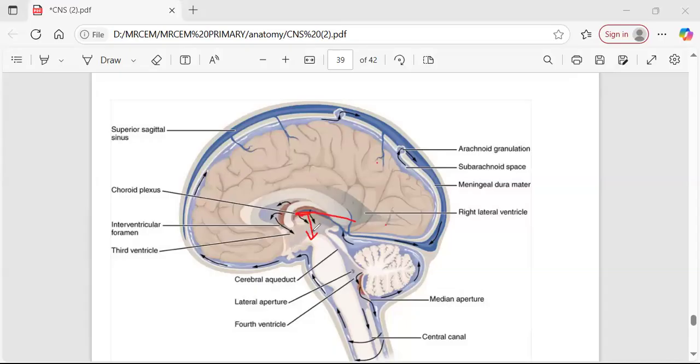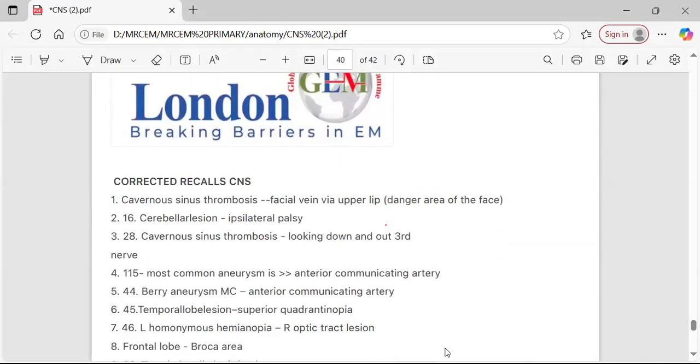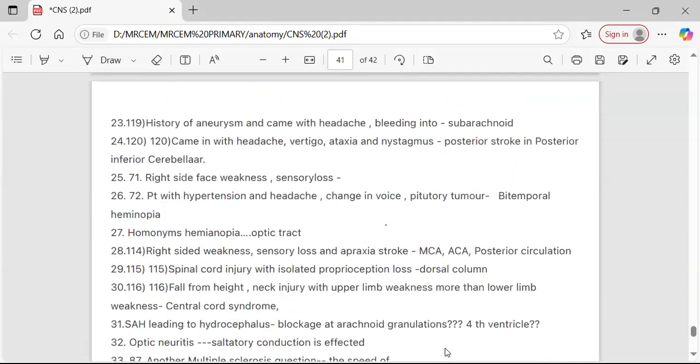From the third ventricle, it comes to the fourth ventricle by the aqueduct. Then from here, through the lateral apertures, it goes to the spinal cord. So these are the recalls.